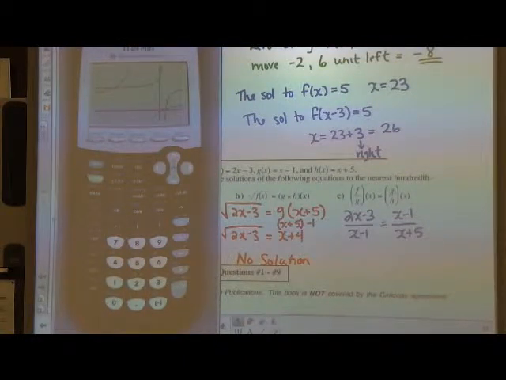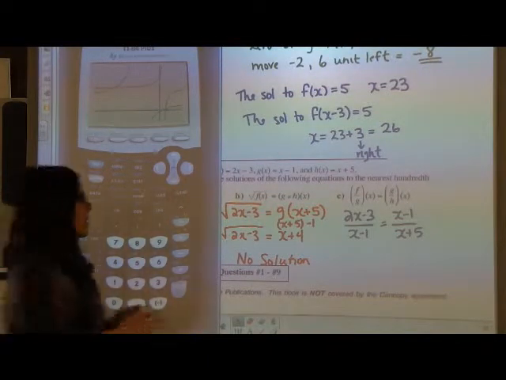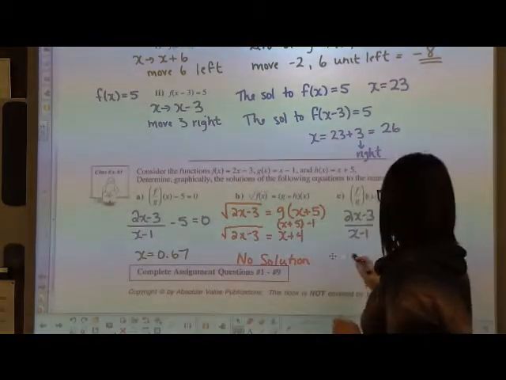And now I can actually see intersection points a lot clearer. And then I can go to second calc intersect. So sometimes with these questions, you have to manipulate the window settings in order to see what needs to be seen on the graph. So what do I get for intersection points?